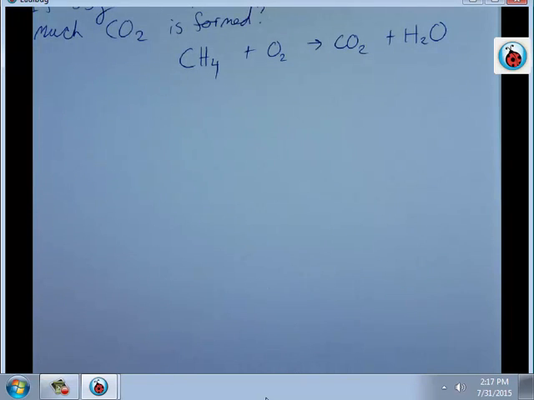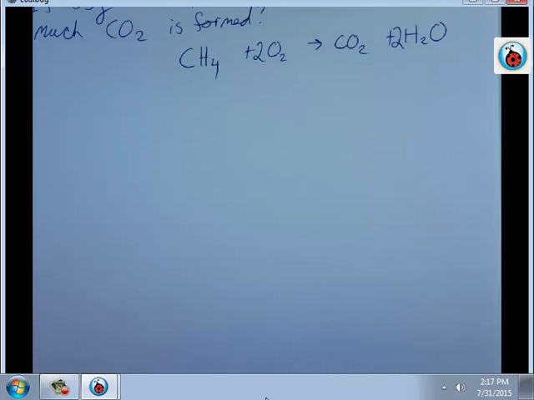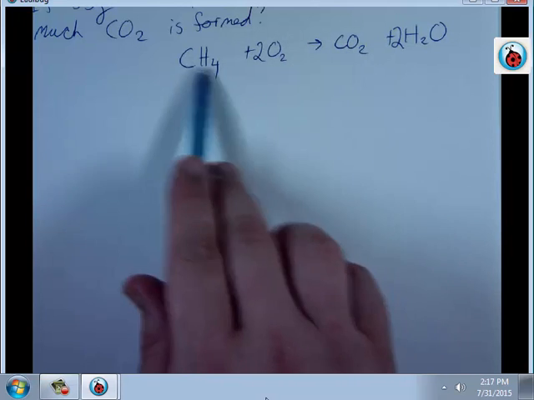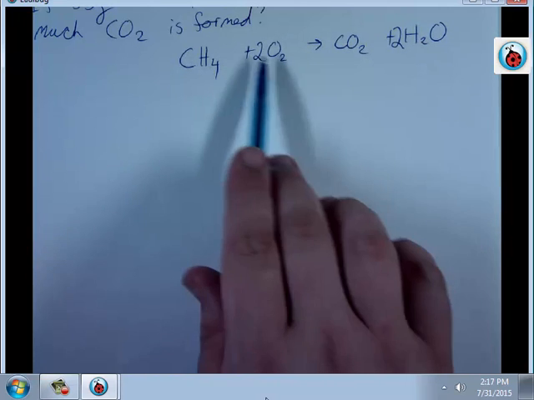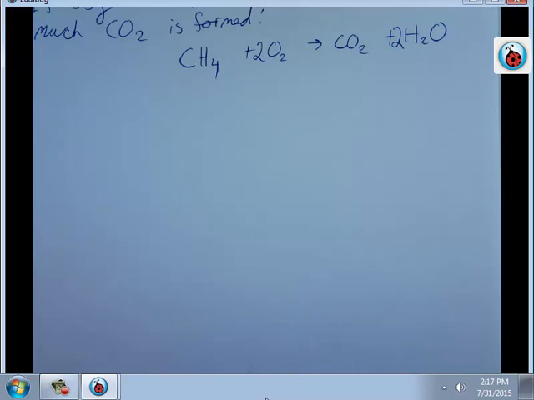Well, first thing I got to do is balance the reaction. And this one's actually not as hard to balance as you'd think. And there we go, balanced. 1 carbon, 1 carbon, 4 H's, 2 times 2, 4 H's. 2 times 2, 4 oxygens. 2 oxygens there, plus another 2 there.